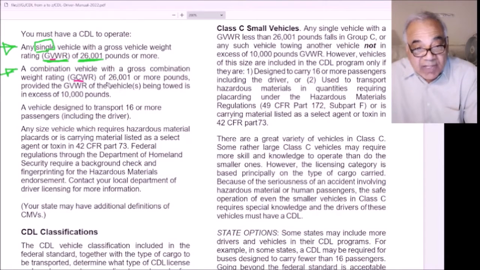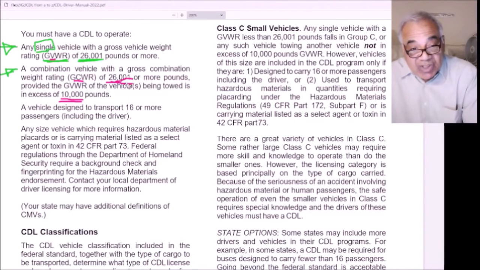That is gross combination weight rating. If that combination is over 26,000 pounds, you will need a commercial driver license, provided that the gross vehicle weight rating of the vehicle being towed, which means a trailer, is in excess of 10,000 pounds.